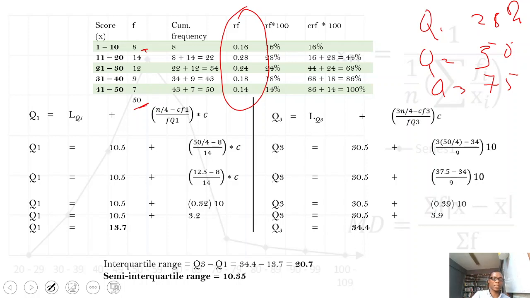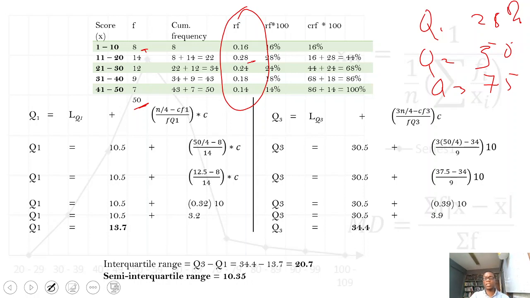So if you say 8 divided by 50, that gives us 0.16. Here we will say 14 divided by 50, that gives us 0.28. And so after doing that, if we like, we can convert that to percentage by multiplying whatever we get by 100.